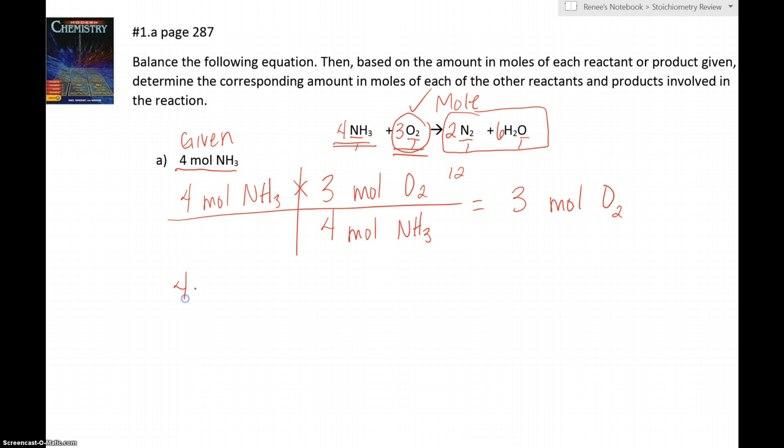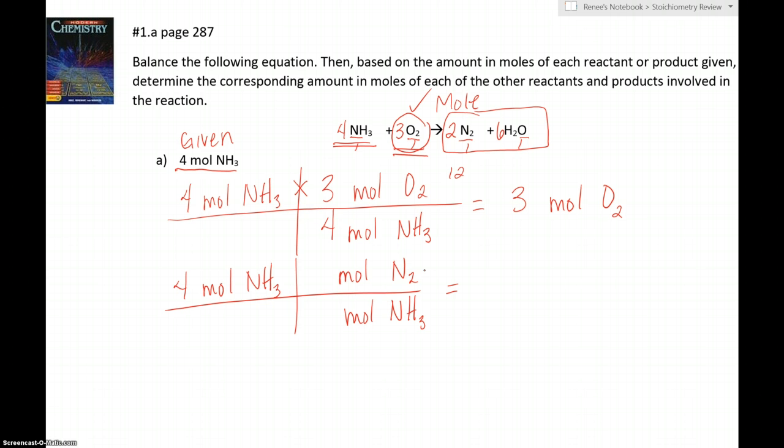All right, we've done our oxygen, we'll go on to nitrogen. Same thing, always start off with what's given to you, 4 moles of ammonia. Do my little train tracks. I need to cancel moles of ammonia, so I'm going to put that down here. And then now we'll do moles of nitrogen, since that's the next chemical in the equation.